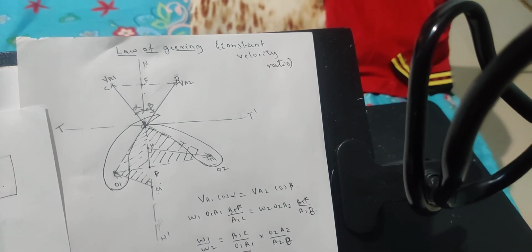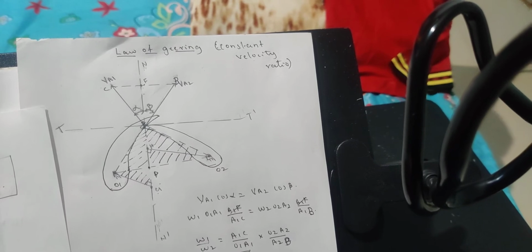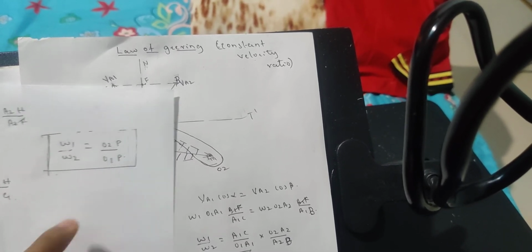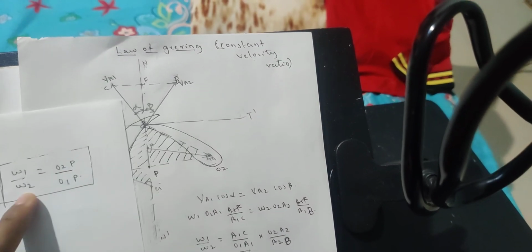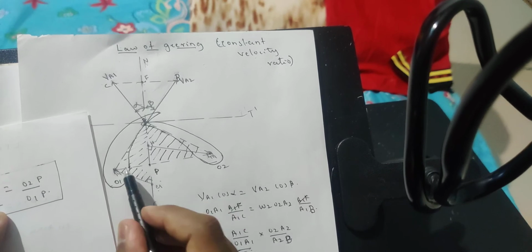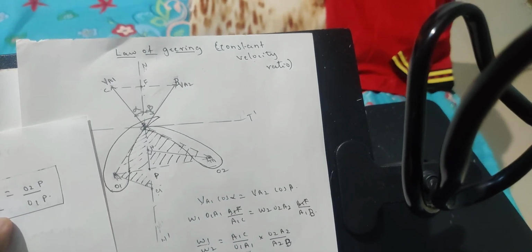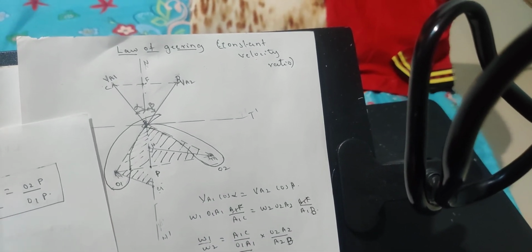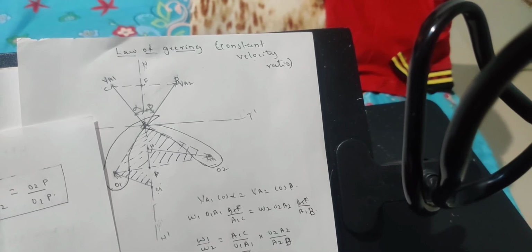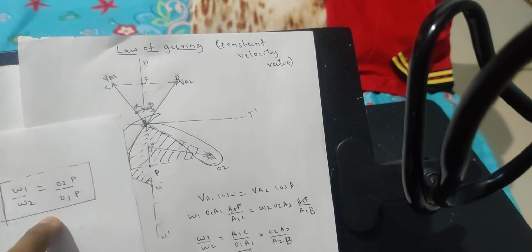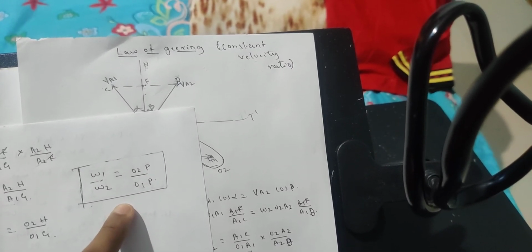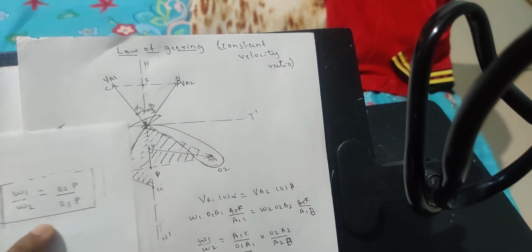This pitch point indicates that the ratio omega 1 upon omega 2, with these radii O2P and O1P, gives a constant velocity ratio. So this is called the law of Gearing.